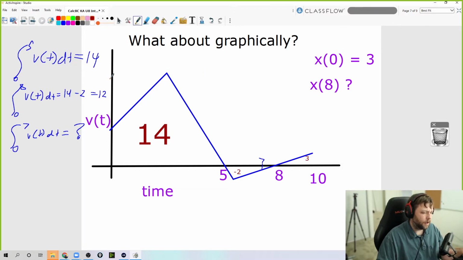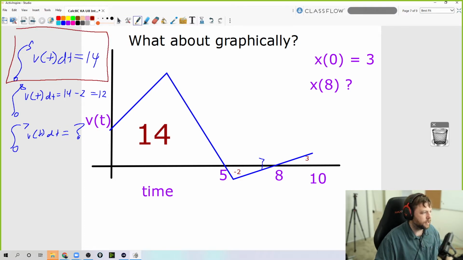All right, that's how you do those velocities. So my question would be, let's go back to this one. The area under the curve from 0 to 5 of v of t dt equals 14. I'm going to pause the video. What does that mean in context of those other words? That's velocity. What does that mean about position?